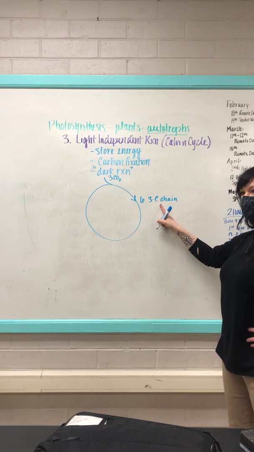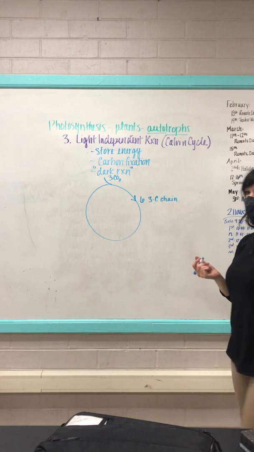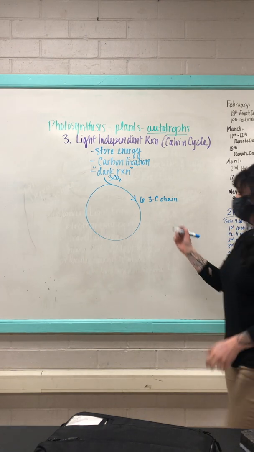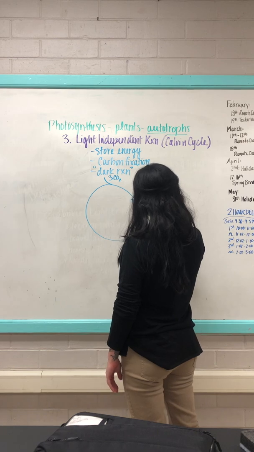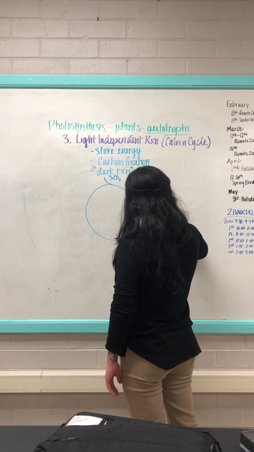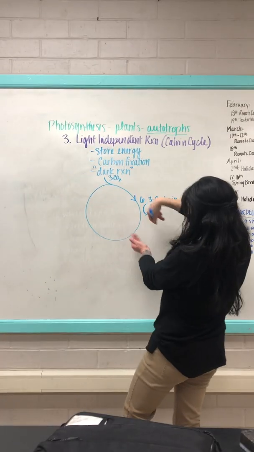What does it need to go through this reaction? What do you need to, like if you're running a reaction, what do you need to run? Energy. So what's the energy? ATP. Yeah, so right here is where ATP will go in, and this is just showing that if you see these diagrams, it'll just show a little swoop in and out.